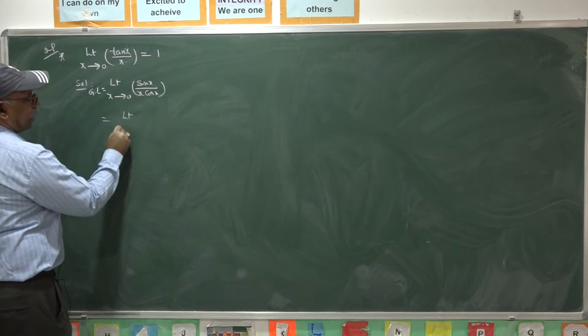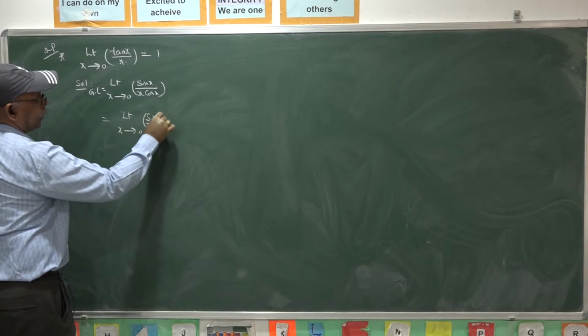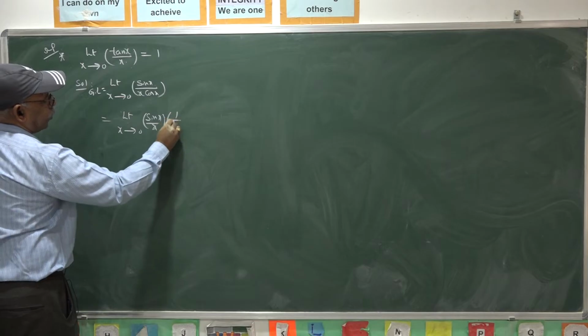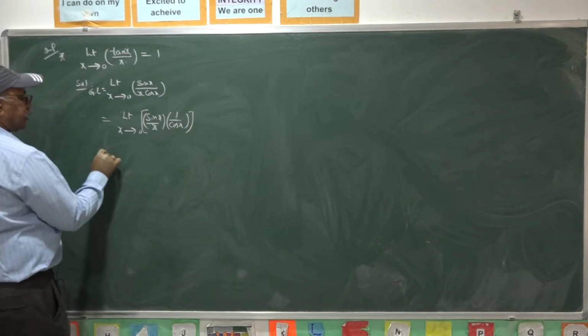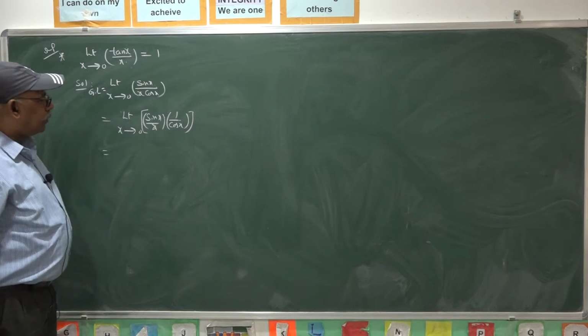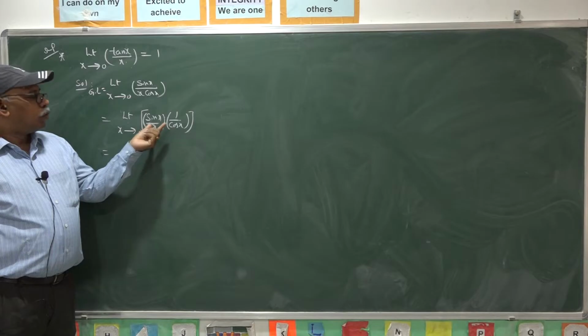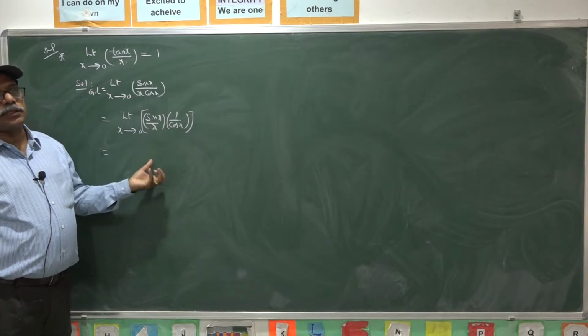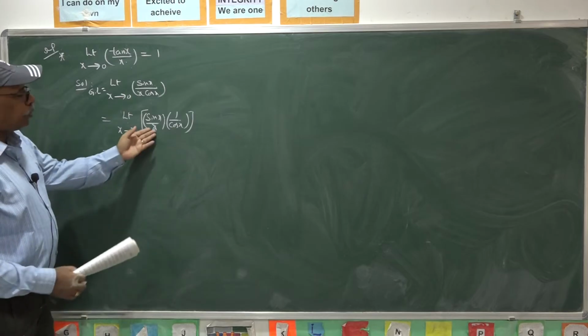Now you can write limit as x goes to 0, sin x by x into 1 by cos x. Now this is of the form limit f into g. Once the individual limits exist and take finite values, you can apply the limit individually to both f and g.